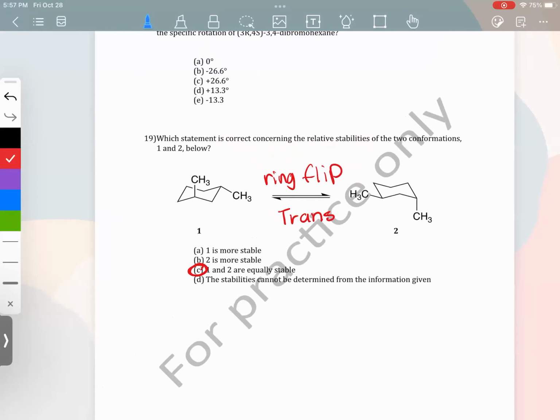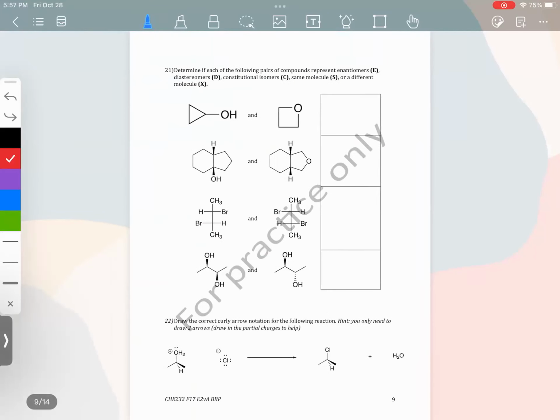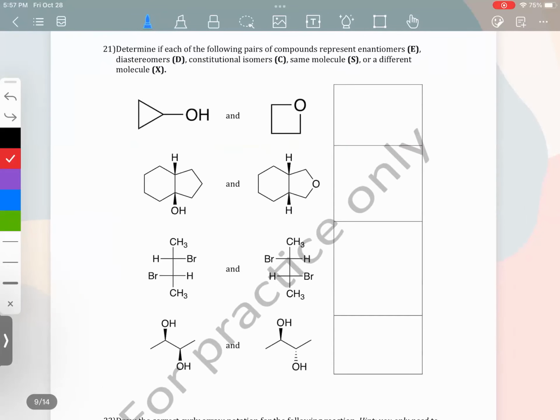All right. Let's go to a question that I want you guys to see. Let's go to 21 before time's up. Determine if each of the following pairs of compounds represent enantiomers, diastereomers, constitutional isomers, same molecule, or different molecule.